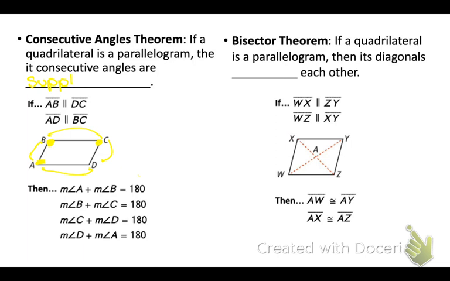Supplementary. Why? Supplementary means they equal 180. And if all of those angles were congruent, yes.